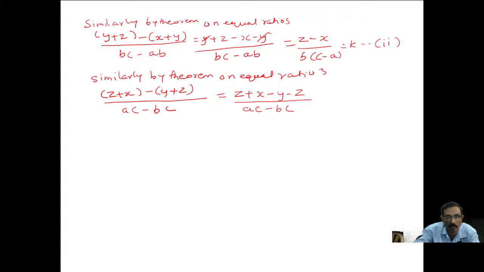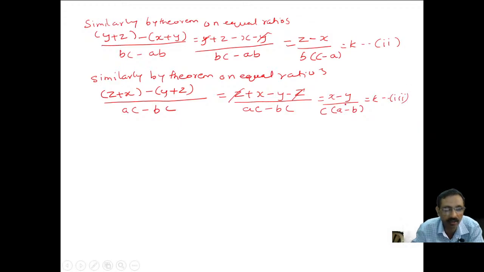So what will go here? Z, Z. What do I get? X minus y upon, what can I remove common over here? C. I get A minus B, which is equal to K. Equation number 3.